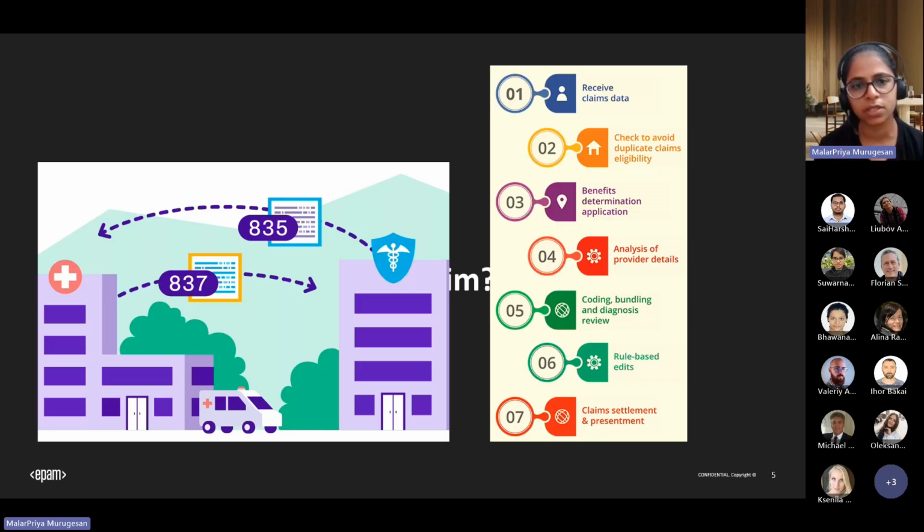And then the fourth step is analysis of provider details. But in some rule engines, the rule engine that I worked on, the fourth step will be the third step. First we analyze the provider details, and only then do we go through the benefit determination. So it may vary, I would say. In analysis of provider details, first, is the provider a valid provider? Second, is the provider valid for providing this treatment?